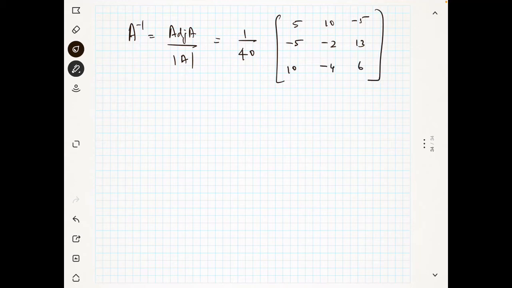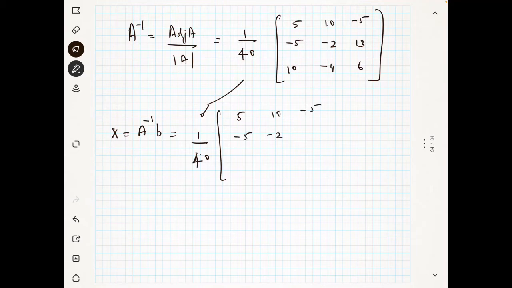Now you can find the solution. X is equal to A inverse into B. I got the A inverse, I will substitute here. So 1 by 40 and 5, 10, minus 5, minus 5, minus 2, 13, 10, minus 4 and 6.